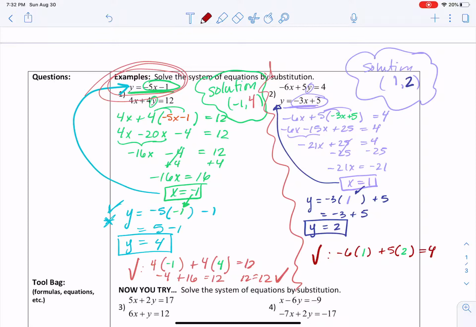So that when I simplify, negative 6 plus 10 is 4. 4 equals 4, and that's true. So again, when you have an equation that is isolated for a variable already, substitution is the best method. It is the easiest thing to move forward with.